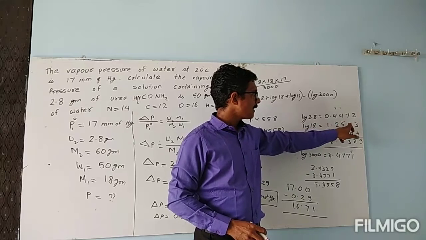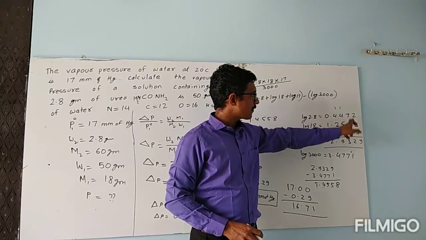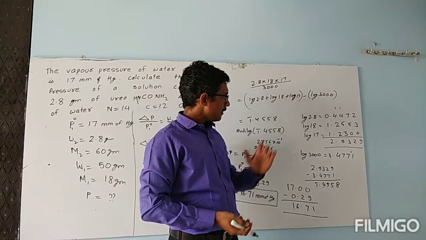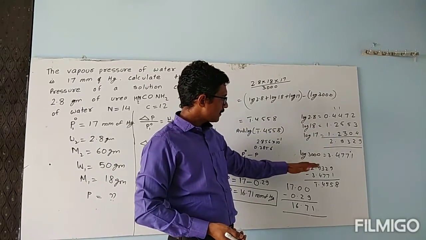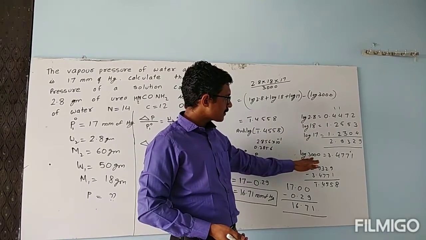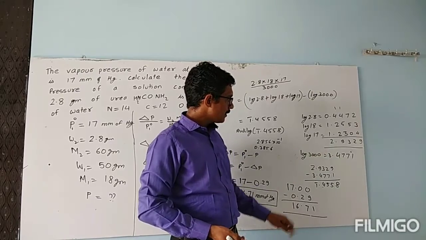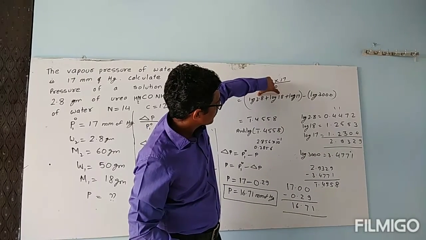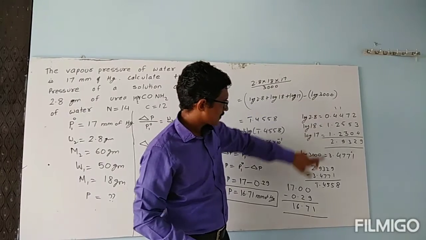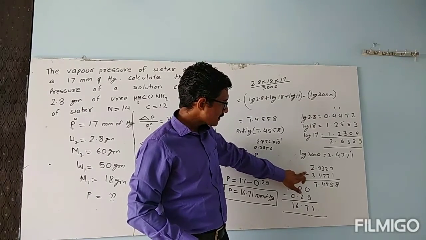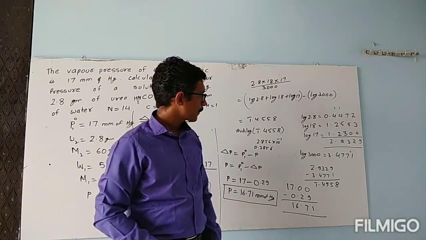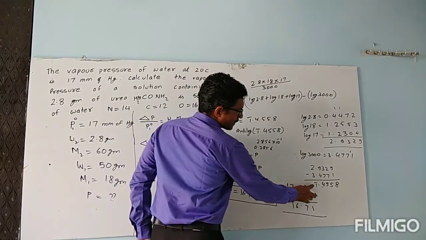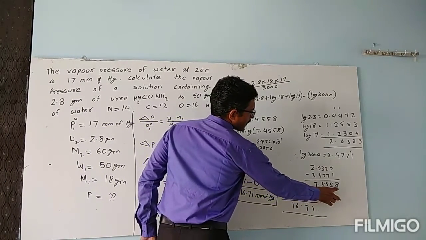Thereafter, you see this log table. Get these values from the log table. Add them. See the log value of 3000. Subtract the addition of this and this. After subtraction, whatever you are getting, here I have written bar 1.4558.